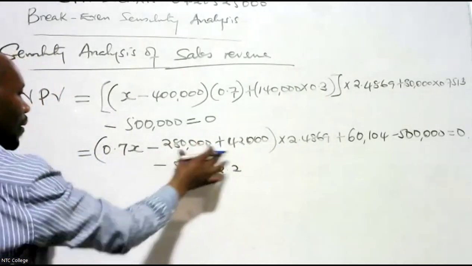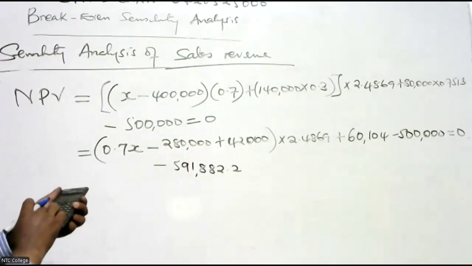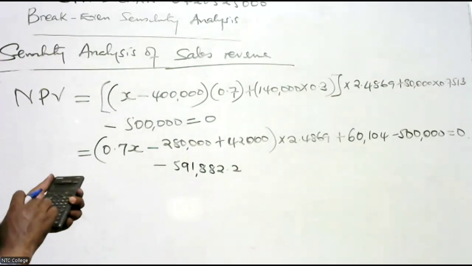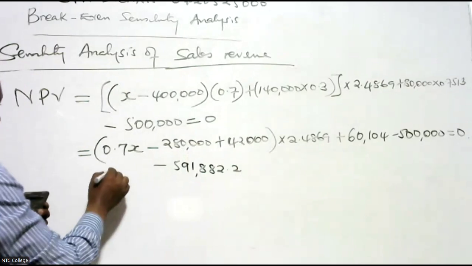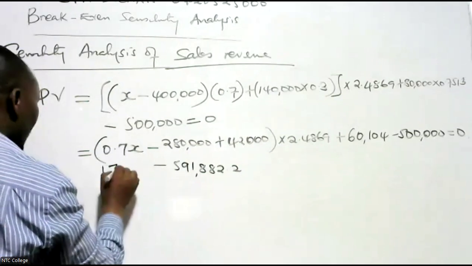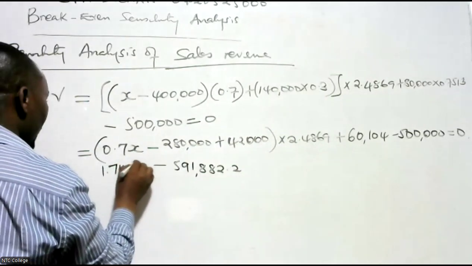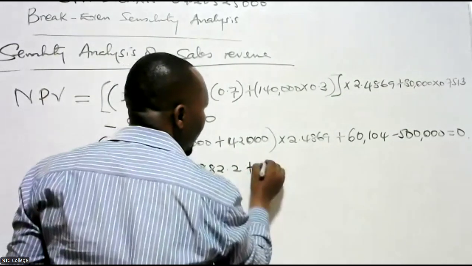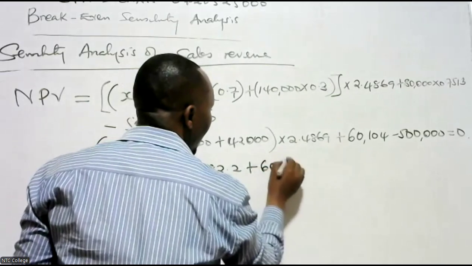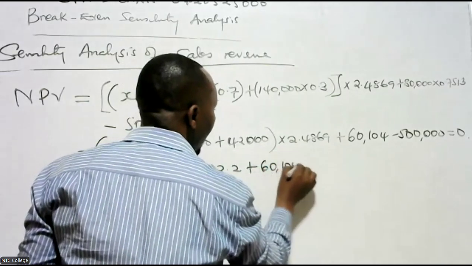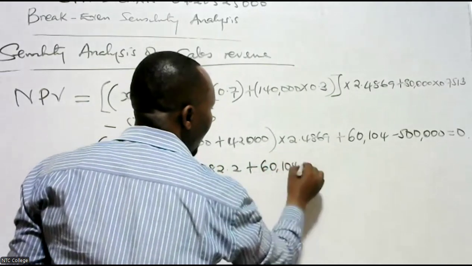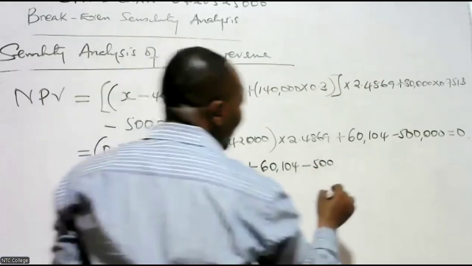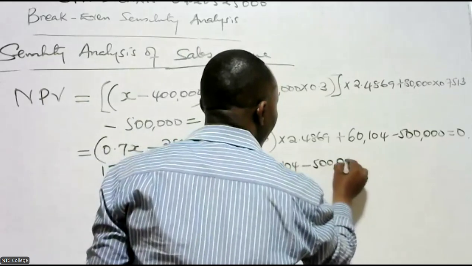So we have 2.4869 times 0.7. So we have 1.7408X. Then now that one plus 60,104, minus 500,000.